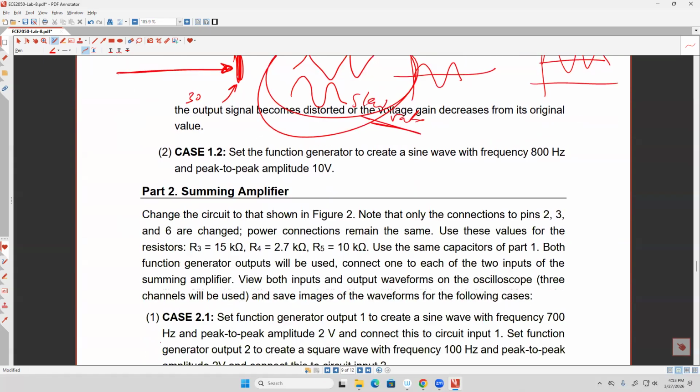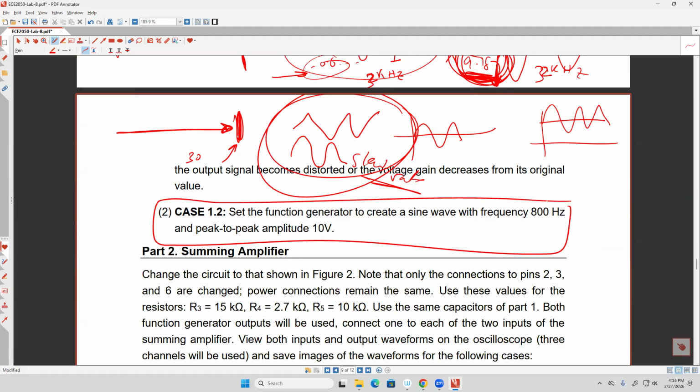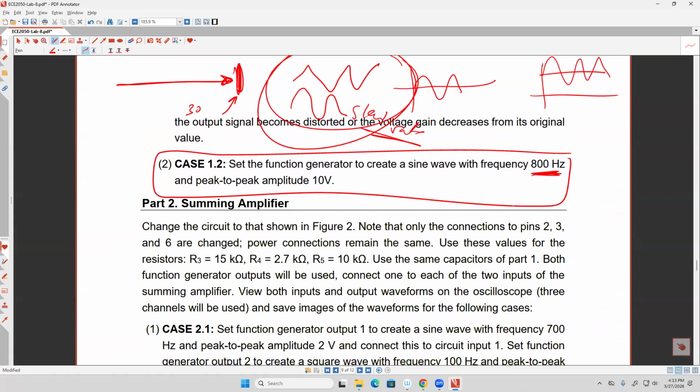Okay. So the second part here is that I want you to see distortion. I want you to return again to 800 hertz, which was the original case here. Now, this time, I'm asking you to increase the voltage. Look here, increase the voltage to 10, right?